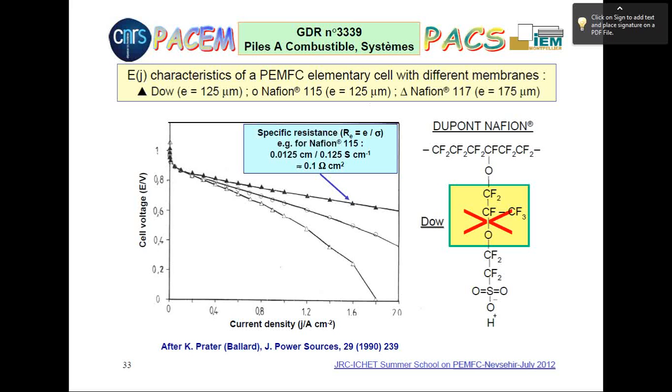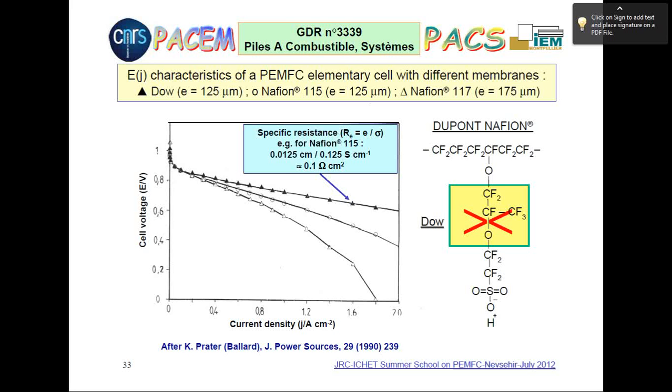If you decrease the thickness, you decrease the specific resistance, because the specific resistance is directly proportional to the thickness. And if you increase the conductivity, the specific resistance also decreases. So you can improve the curve just by playing with the conductivity and the resistivity.